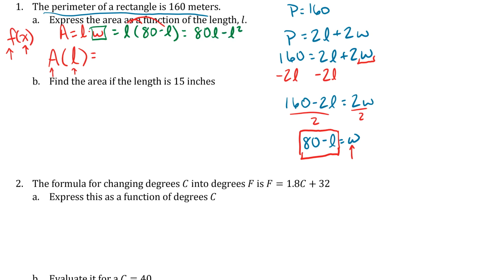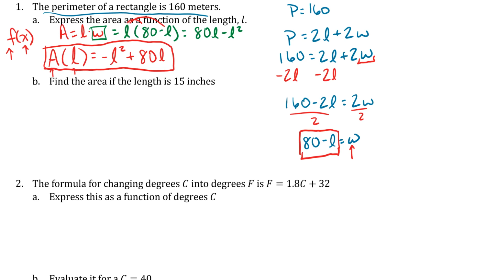Now there are no more W's, it's just L. That's what we wanted. Writing it in order with the exponents, our function is negative L squared plus 80L. That's part A: a function for area, but only using the length.